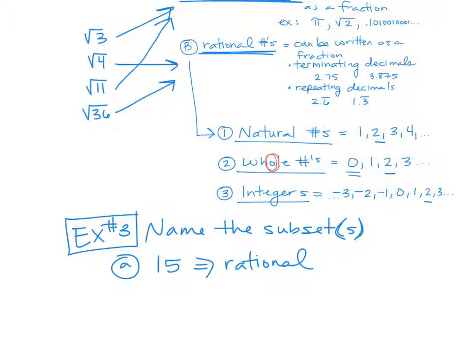So that's rational, okay? Then think through the subsets. Is it natural? Yes. Is it whole? Yes. Is it an integer? Yes. So it is natural, whole, and integer. Okay?